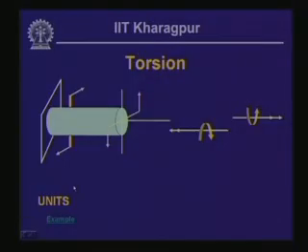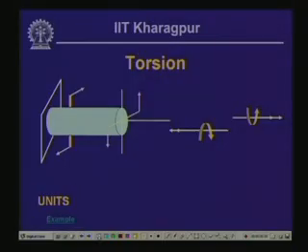Now, let us look at a bar which has a circular cross section as shown over here, and also the bar is a solid one.